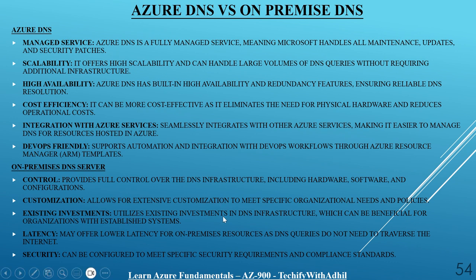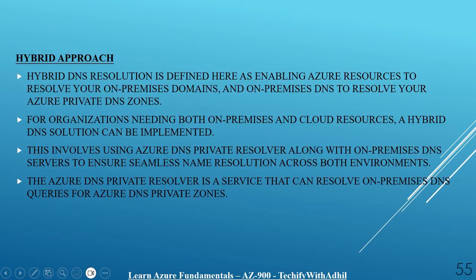If your data center is in a different location from where you are working in your office, then obviously it has to travel through the internet, and we don't achieve this lower latency. So it is attained only when everything is located within the same network. Security can be configured to meet specific security requirements and compliance standards.